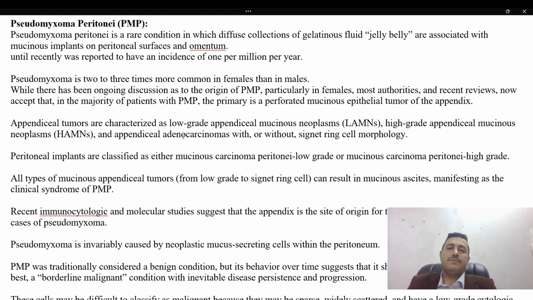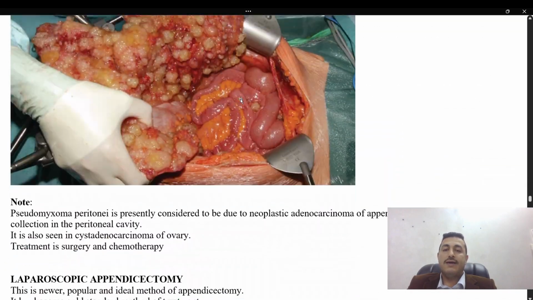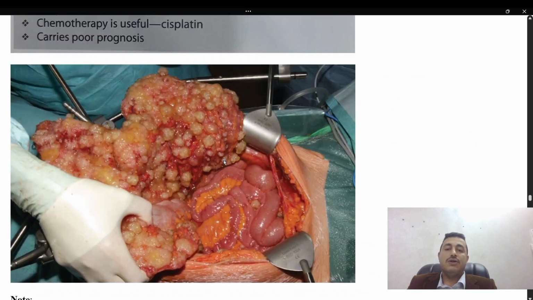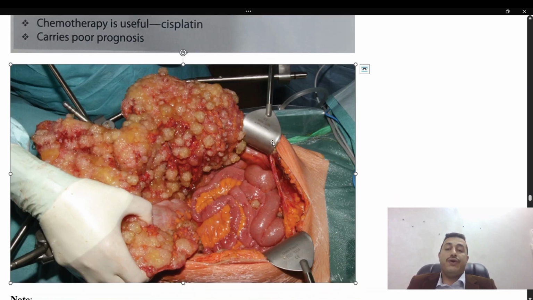It's actually a diffuse collection of gelatinous fluid in the abdomen, called the jelly belly, associated with mucinous implants on the peritoneum. You can see here how it looks. This is pseudomyxoma peritonei. Its surgery is difficult, and this is done by a trained, skilled surgeon.